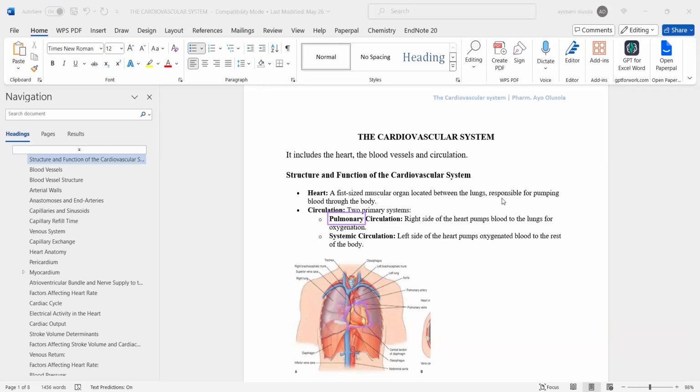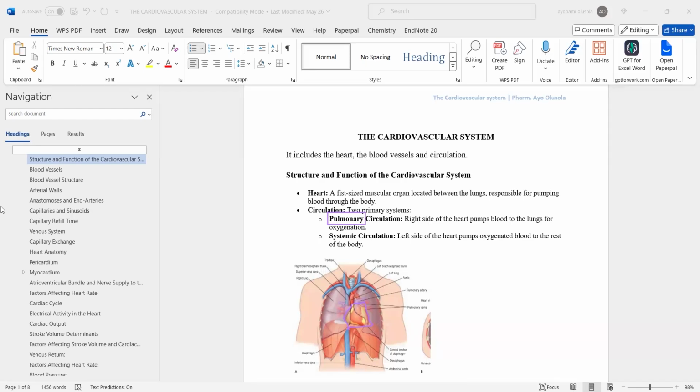So for the pulmonary circulation, the right side of the heart pumps blood to the lungs, so that the blood can get oxygen from the alveoli of the lungs.